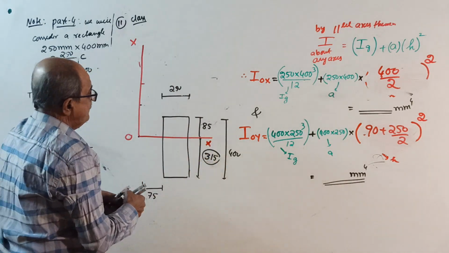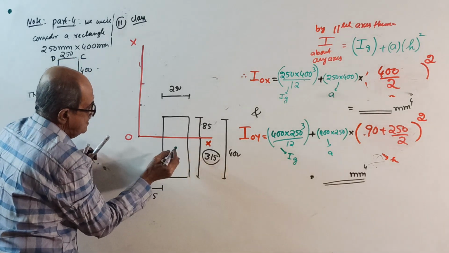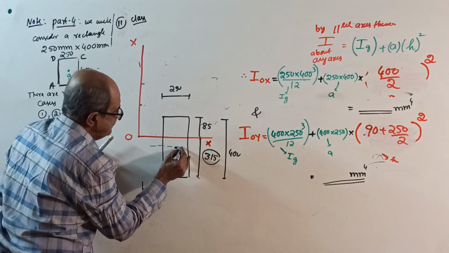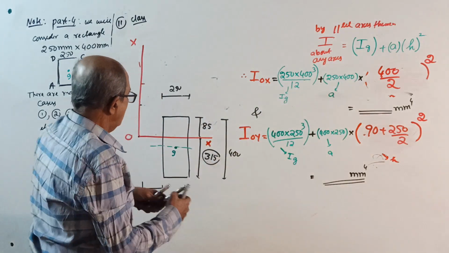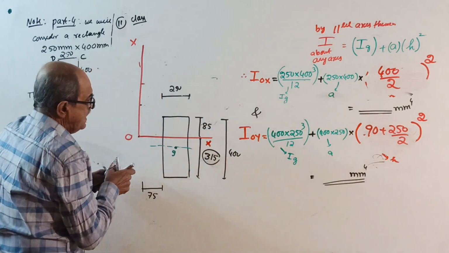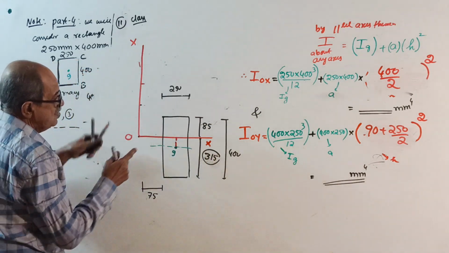When you do I about OX axis, centroid first here, G. First about its own axis: 250 into 400 cube by 12 plus area into, observe correctly now, this distance square. There are two options for you.